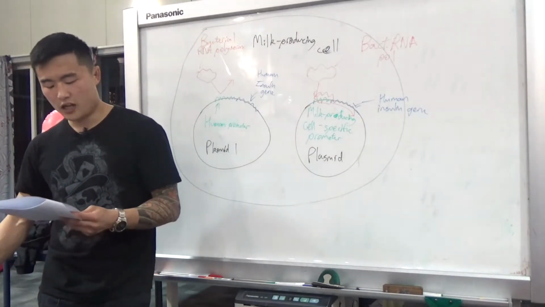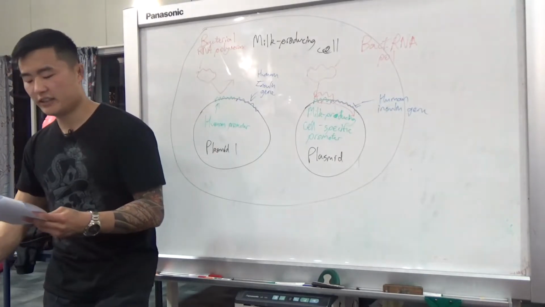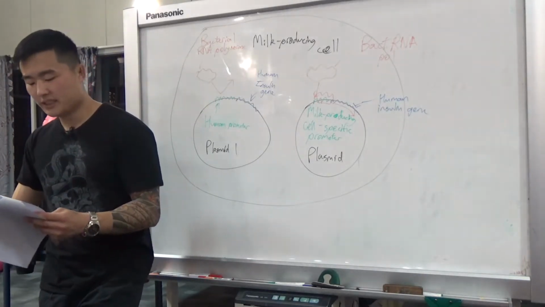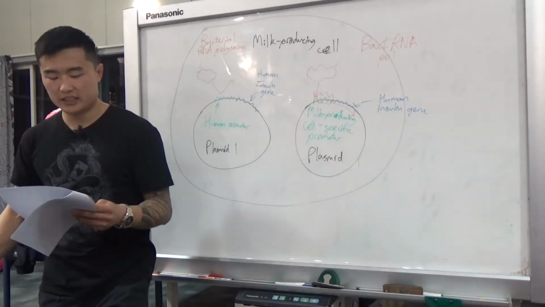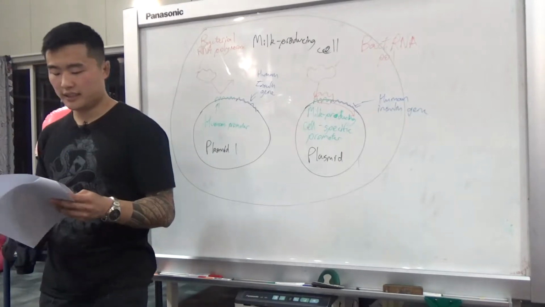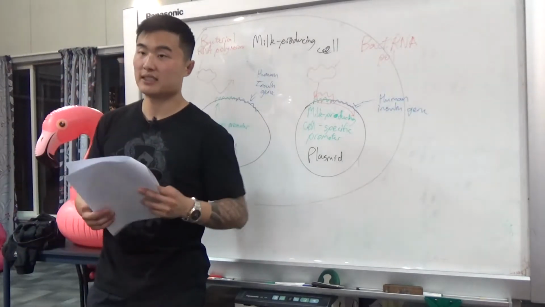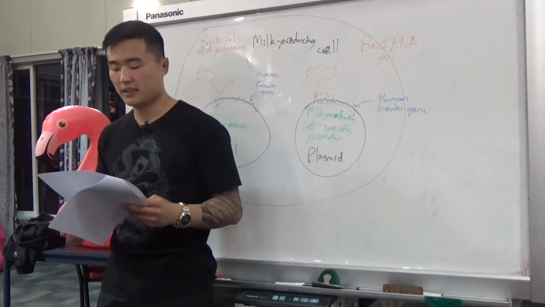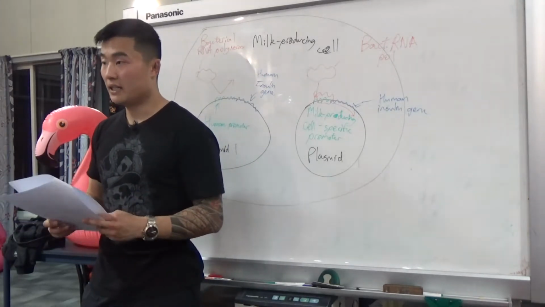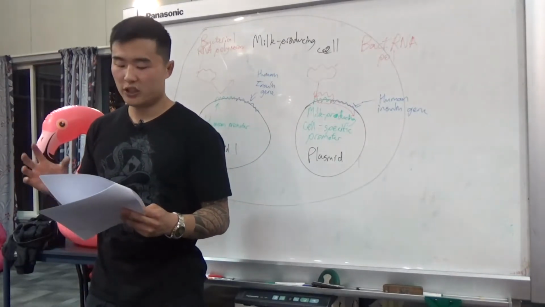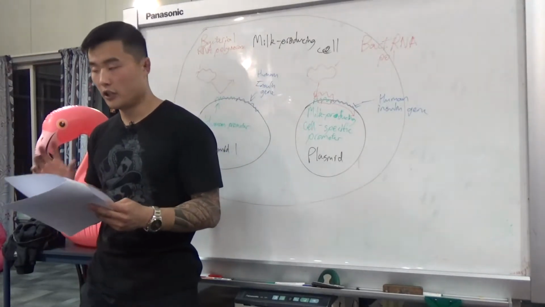But the cons, so they can't carry out post-translational modifications or PTMs, such as glycosylation or gamma carboxylation. And because the intracellular environment of a bacteria is different from the intracellular environment of a human cell, that's going to affect the folding of the protein, so they're often going to be not folded properly.